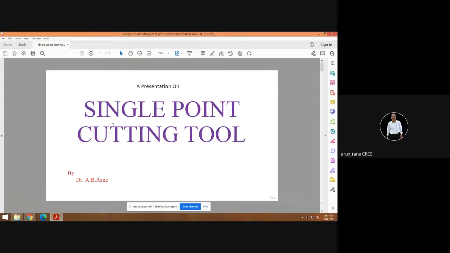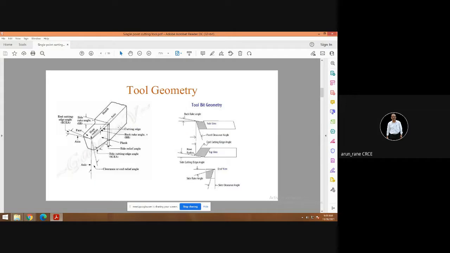So for module number 4, yes, single point tool was remaining. Just have a look at this drawing, and this will be asked for 5 marks.